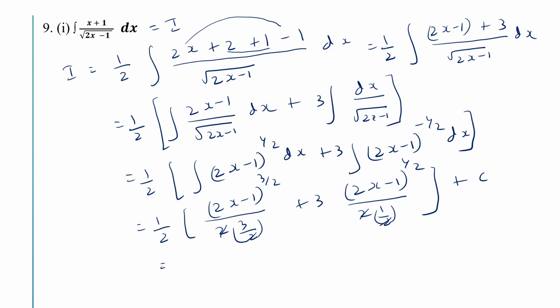So this is equal to 1 by 6 into (2x minus 1) the whole raised to 3 by 2 plus 3 by 2 into (2x minus 1) the whole raised to half plus c. So this is the given integral.